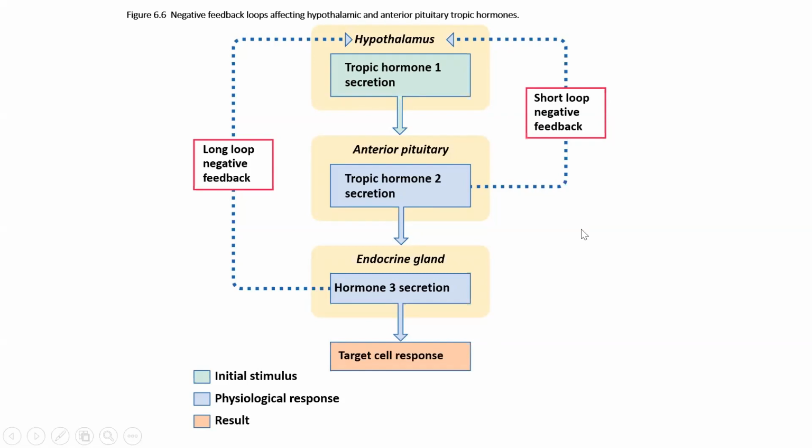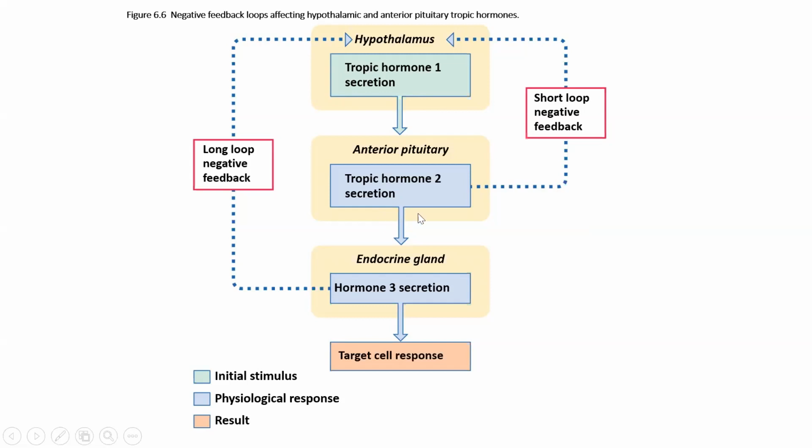Now, the feedback part of this is that the endocrine gland, which secretes the third hormone, can feed back onto the hypothalamus and instruct the hypothalamus to stop secreting tropic hormone number 1. So if there's a high concentration of this third endocrine hormone, that will shut down the production of the first tropic hormone.